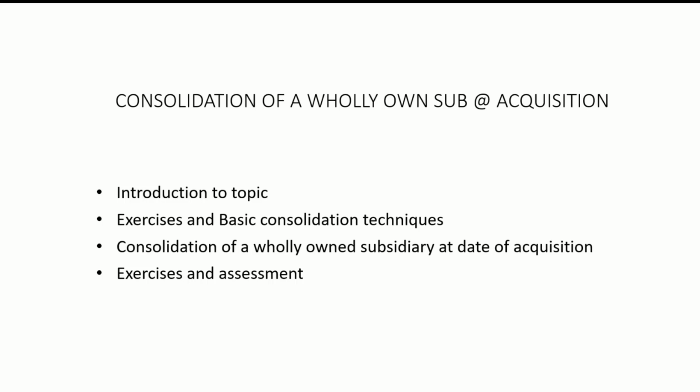It is by law: if you are a parent or holding company and you control certain companies, it is a must that you prepare a consolidated financial statement. So this model helps us to prepare consolidated financial statements. What are the rules? What are the regulations? What are the guidelines?